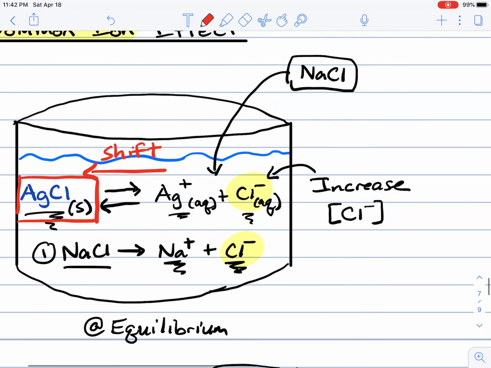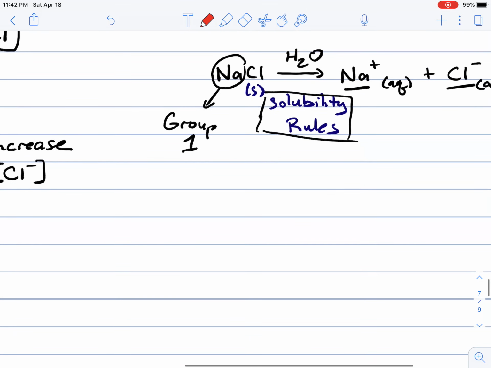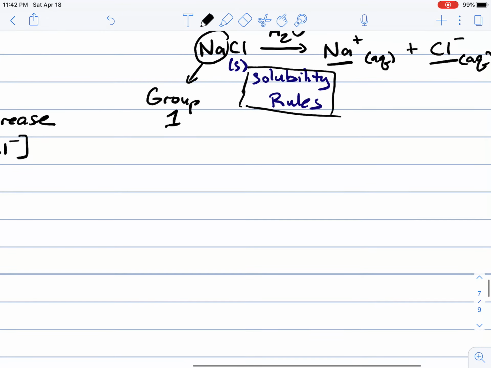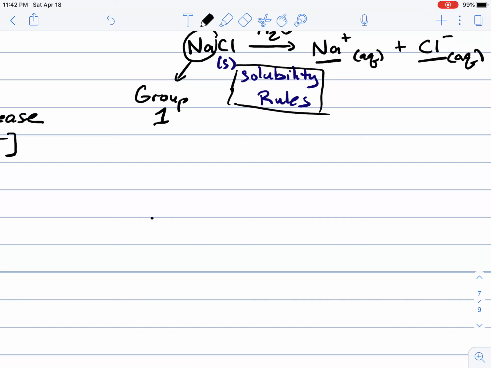And so if you guys want to apply what you've learned in the equilibrium chapter with respect to the seesaw technique, you can go ahead and think of your reactant, which is going to be silver chloride. It's in balance with silver ion and chloride ion.